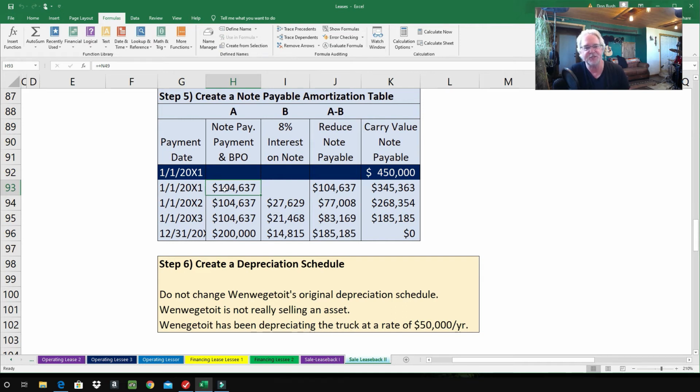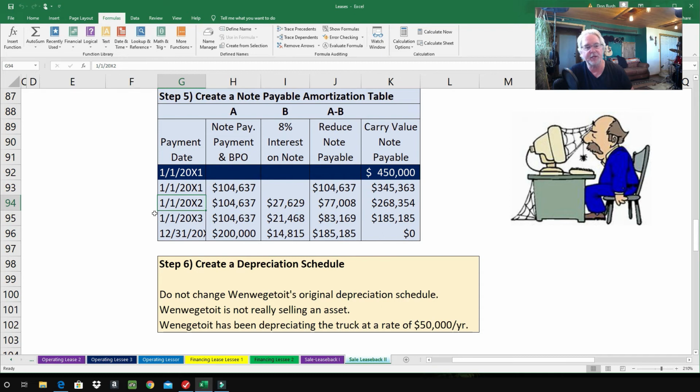So money is just going back and forth, and this $104,637 is going to reduce the carrying note of this note payable, because these payments are made at the beginning of the lease, not at the end of each year. So here we go, 450 minus 104,637, and you get 345,363.